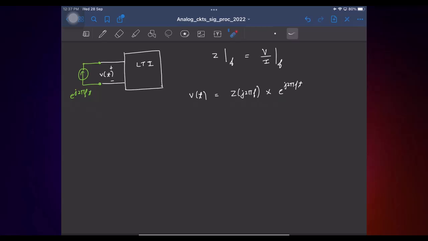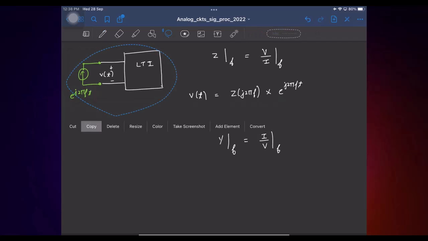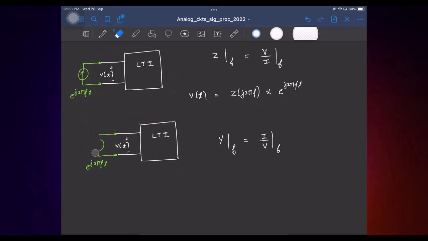Okay. So now let's say I am interested in finding the admittance at the same frequency. It is basically I by V. So I'll have to apply a voltage source, e power j 2 pi ft, and measure what is the current.